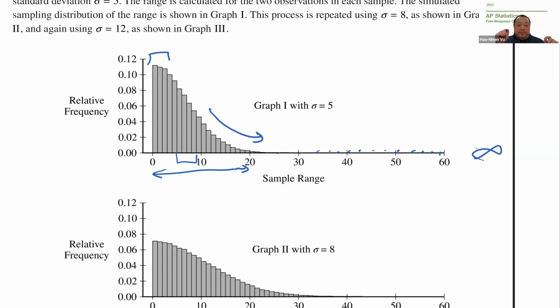Because if you think about picking 2 points from a normal distribution and calculating the range, it's totally possible that the 2 points are at like a billion positive and 0. So don't talk about the range because, I don't know if they'll mark you wrong for it, but it's actually not accurate. So I'm going to say that the vast majority of points are between 0 and 20.